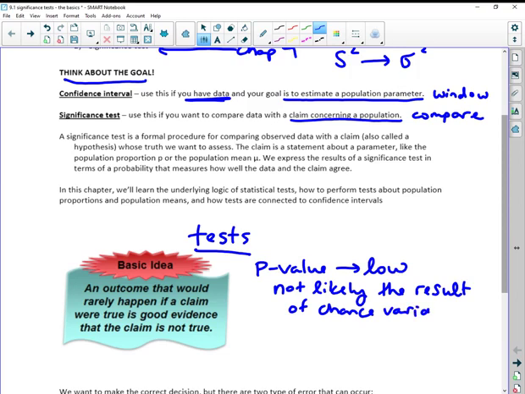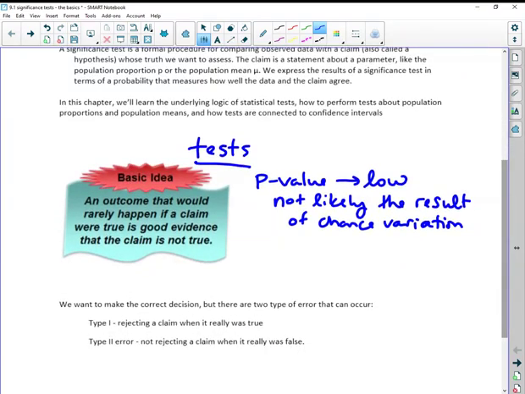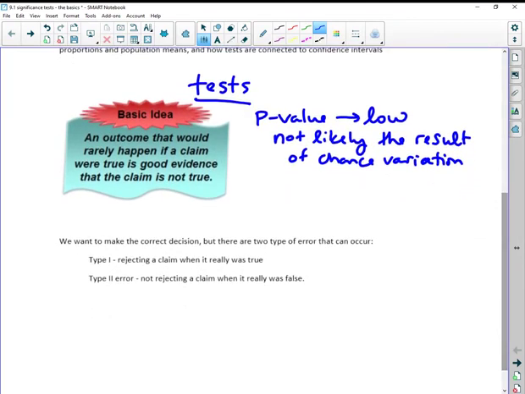Then we're going to believe that maybe our initial assumption was not correct, and that maybe that claim was not true in fact. Now, when we do a test, we hope we are making a correct decision, but there are actually two types of error that can occur when you're making a decision.